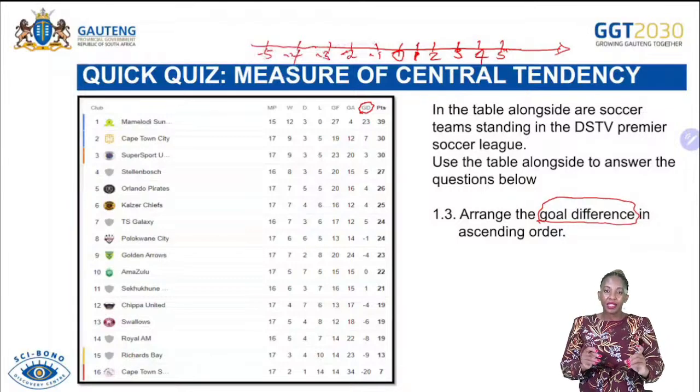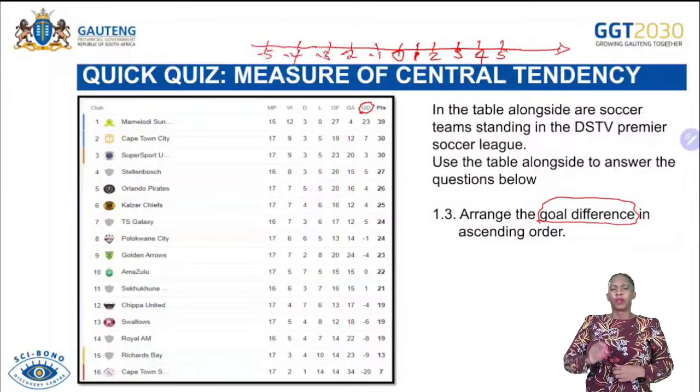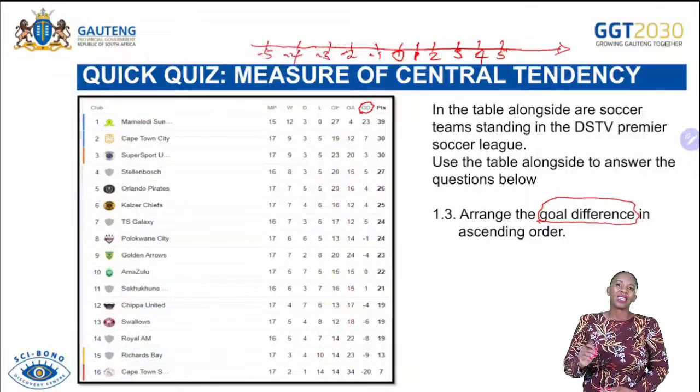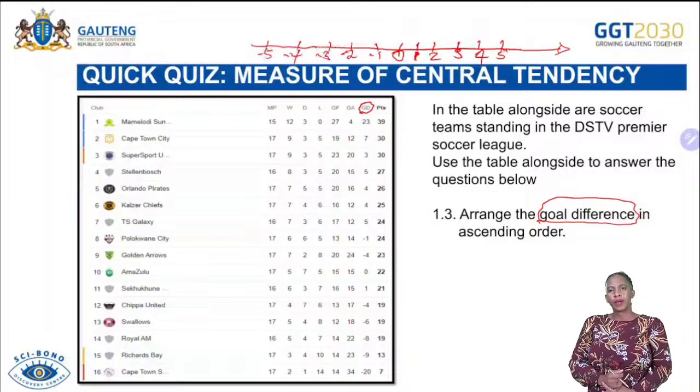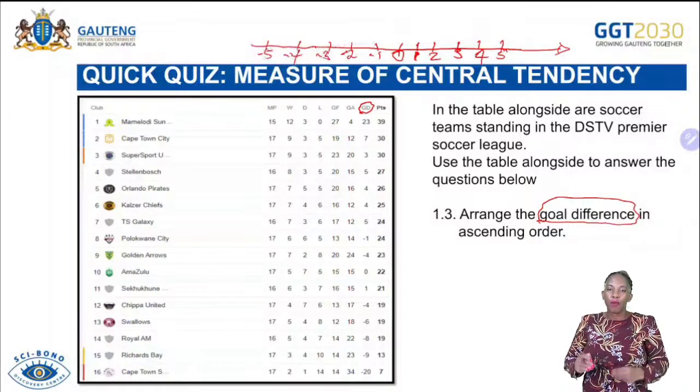So the bigger the negative number, the smaller it is. I think you have seen from grade 9 and 10, when we were doing temperature and negative numbers, on the basic skills. If the temperature is negative, we say today's temperature is below the freezing point.